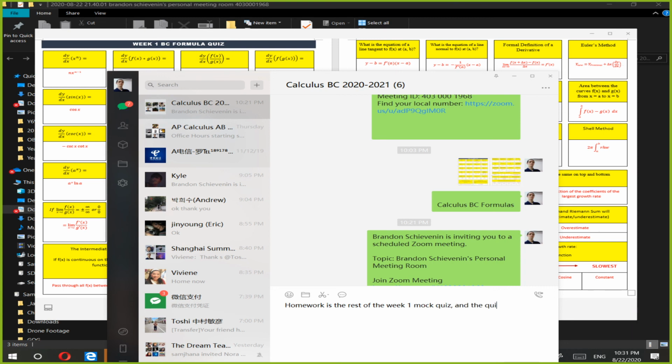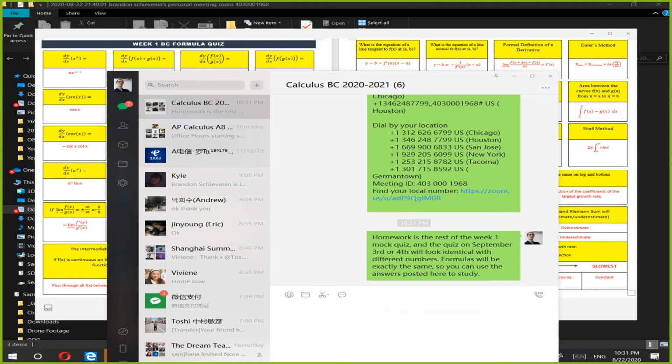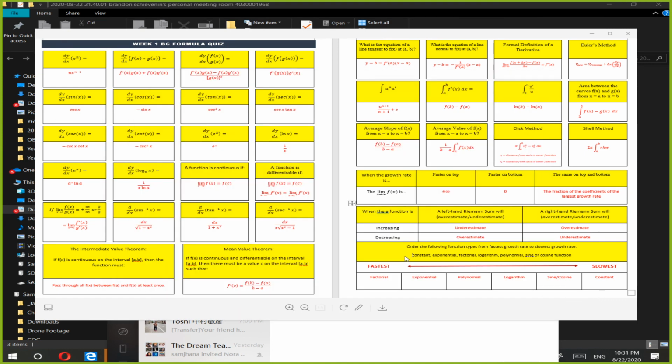And the quiz on September 3rd or 4th will look identical with different numbers. Formulas will be exactly the same. So you can use the answers posted here to study. And again, we'll have office hours on Thursday if you guys have any questions.